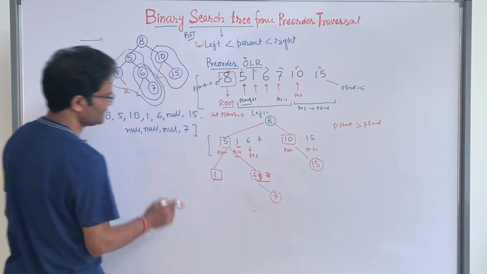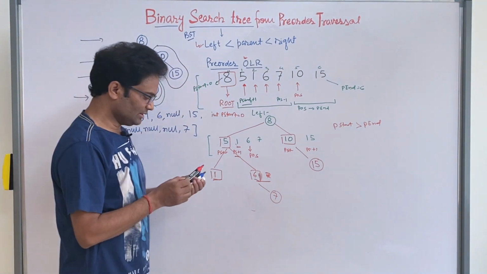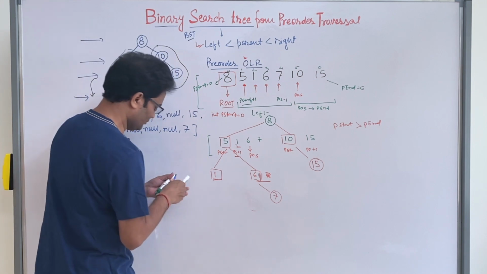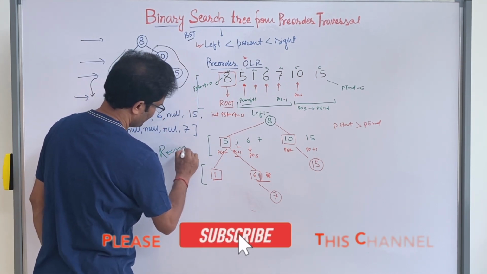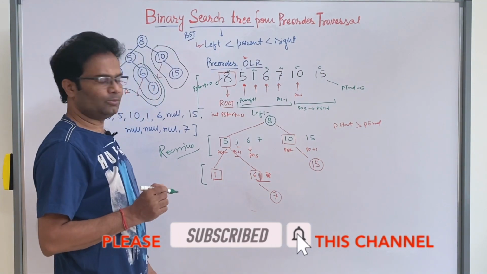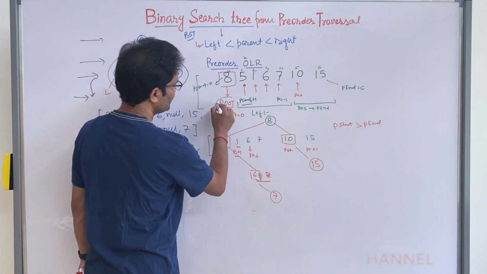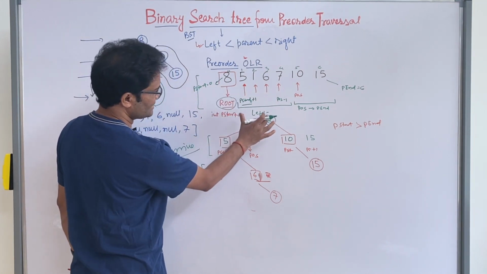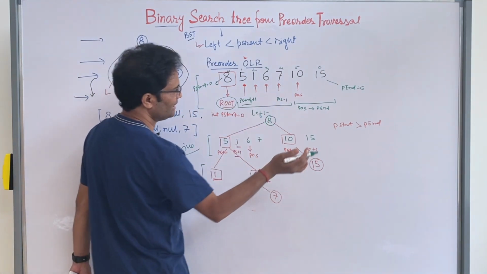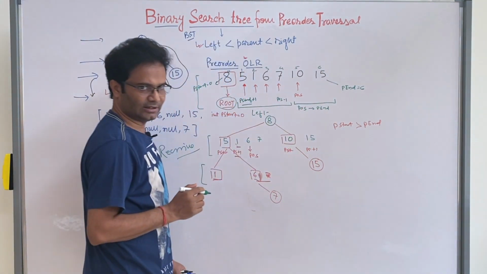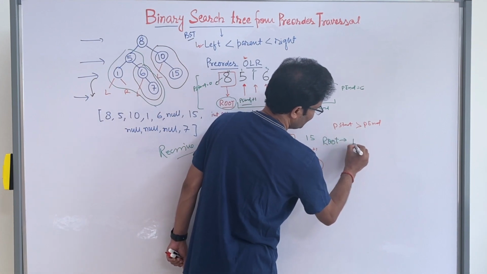So you can see that we are constructing a simple binary search tree. What is the logic here? We are doing it recursively, and every time we are finding 5 things. What is the root element? For the left side, what is the starting and what is the ending, and for the right side, what is the starting and what is the ending. Your root element will always be P start.